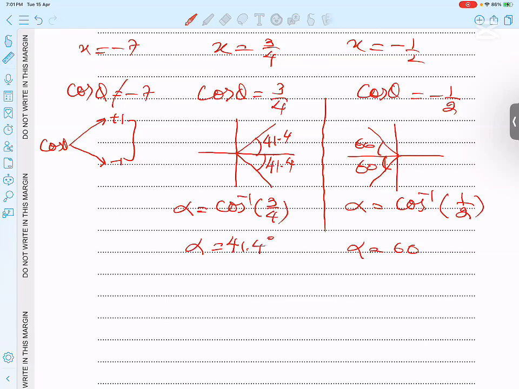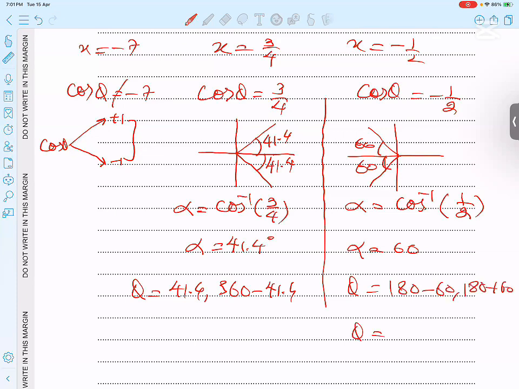So start from the positive x-axis and two angles we get from here. And the same approach here and here. So first angle, I'm getting 41.4. And second angle, I get 360 minus 41.4. And here, first is coming 180 minus 60 and 180 plus 60.